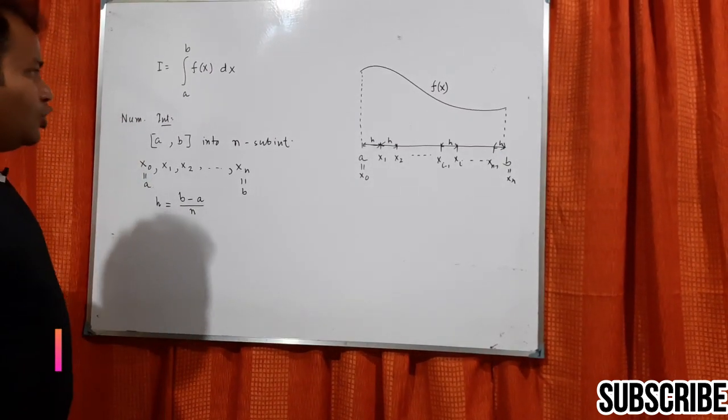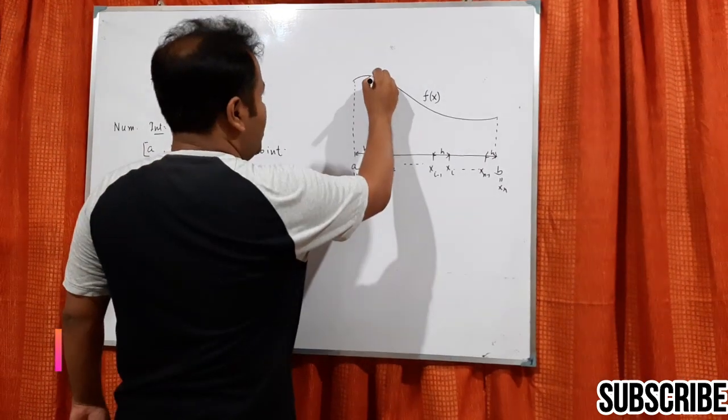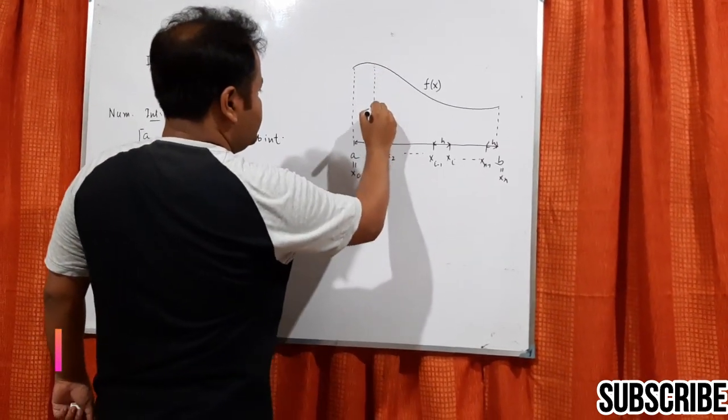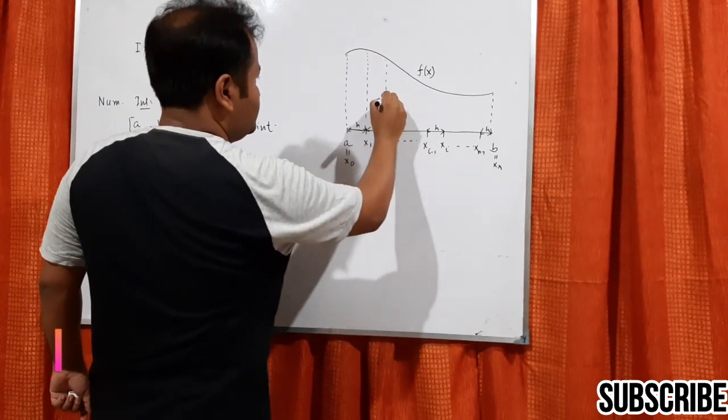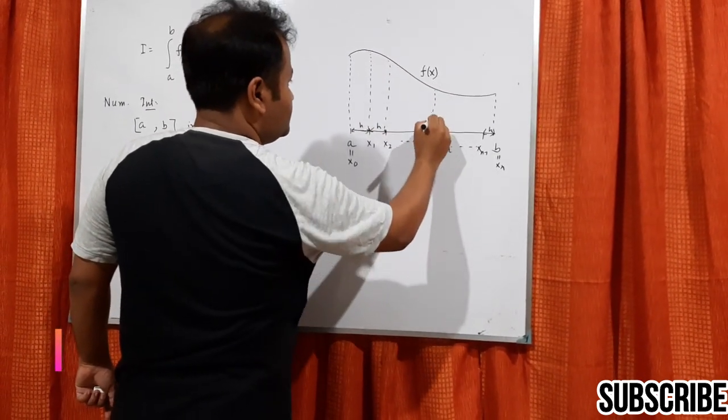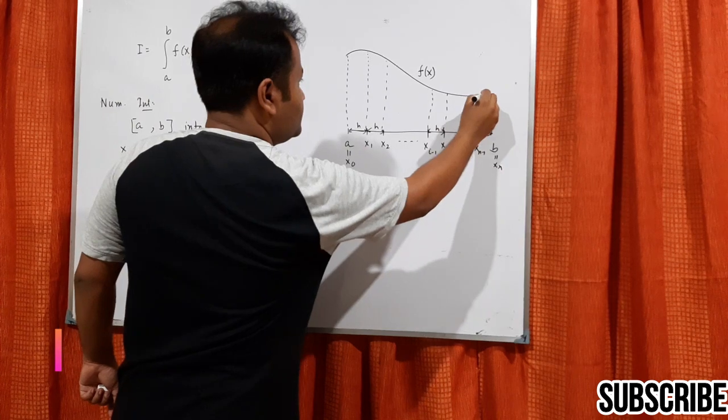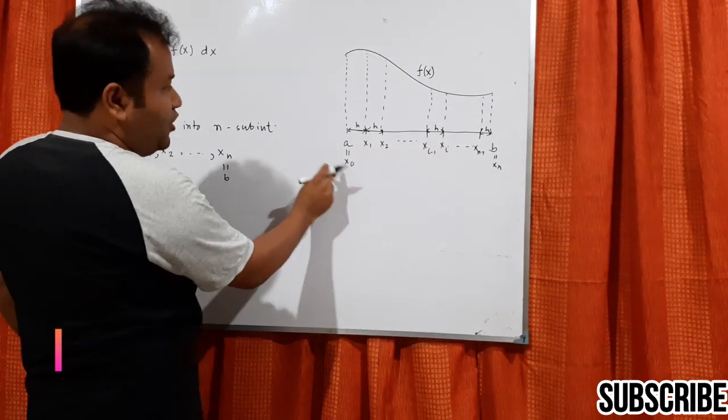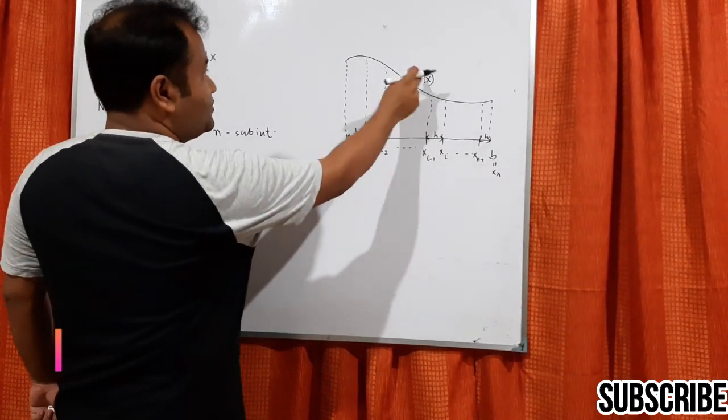Now simply we can draw this. So this is the point x naught, and this is the corresponding functional value.